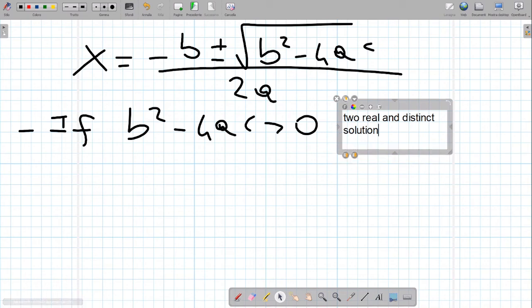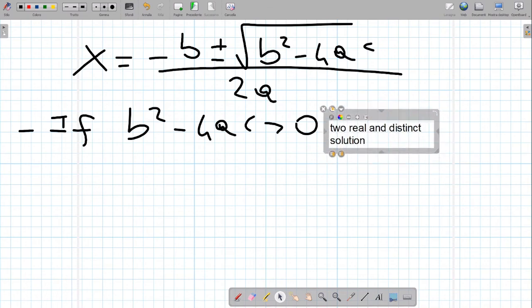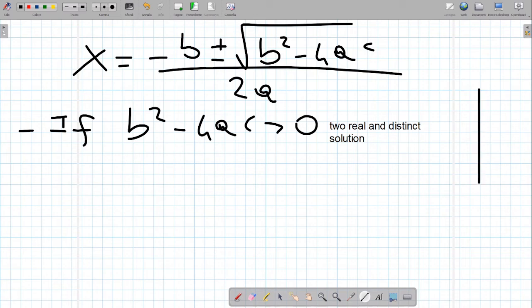And from the point of view of the graph of a parabola, that means that our graph always intersects the x-axis at 2 points, which are distinct. Okay?